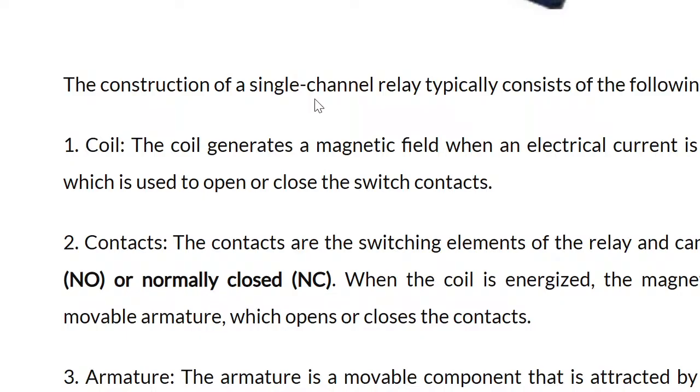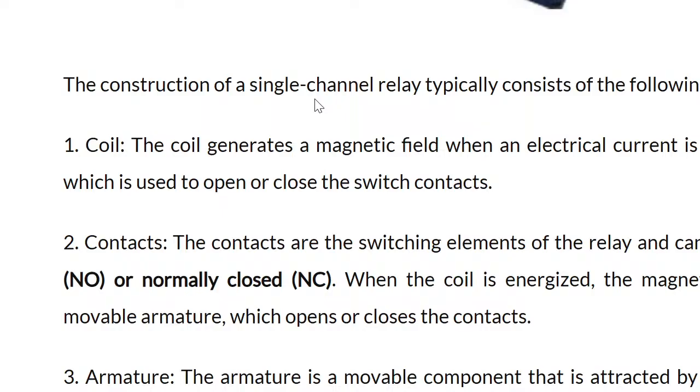You can control that with a small DC signal voltage of around 5 volt. There are 5 volt relays, the most famous in the electronics field. With that signal you can control the higher voltage power supply.